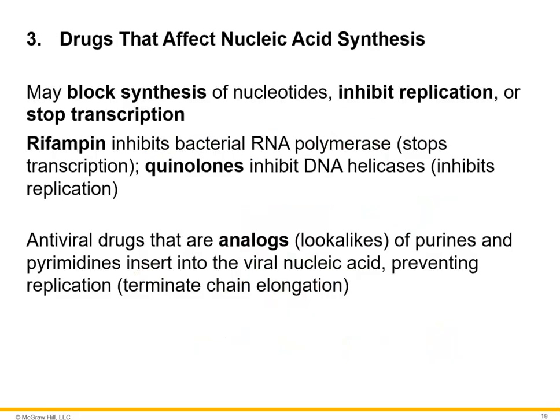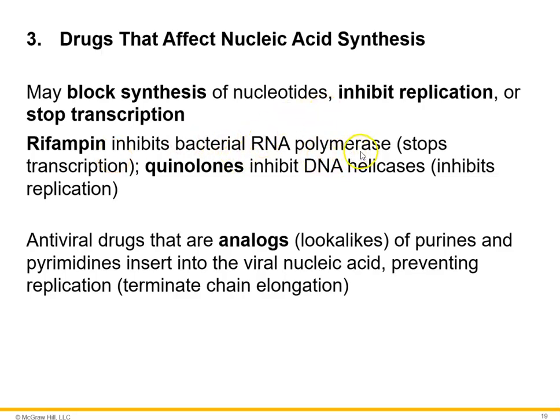Okay, drugs that affect nucleic acid synthesis. So this is going to interfere with DNA and or RNA. What these drugs can do is they can block the production of nucleotides, right? These are the building blocks of DNA and RNA. They can inhibit replication of DNA, or they can stop transcription of DNA into RNA. For example, rifampin inhibits bacterial RNA polymerase.